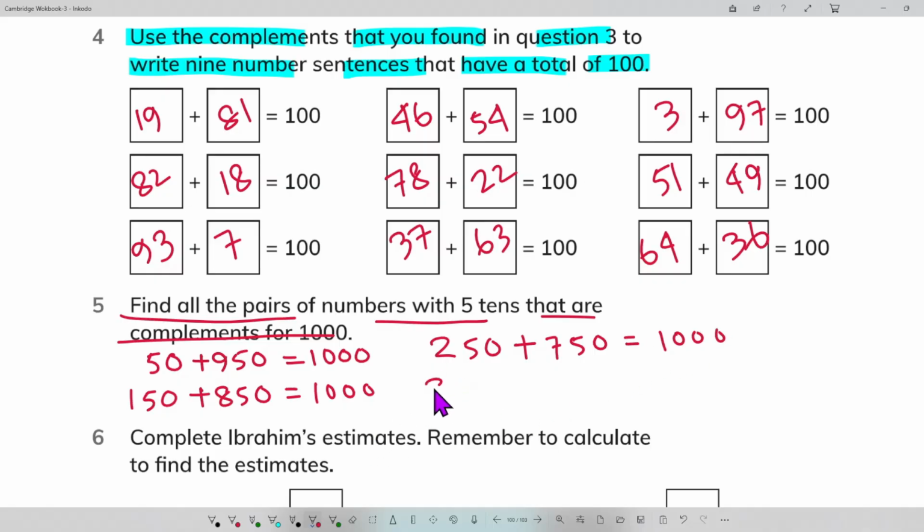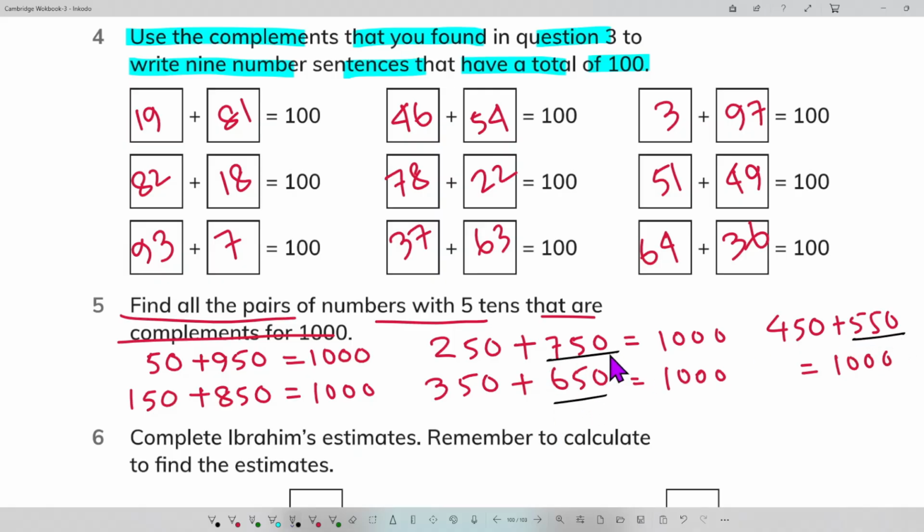Then we can write 350, and here is 650, 1000. And then we can use 450 plus 550, it will be 1000. So next 550 is already here, then 650, 750, 850, 950.